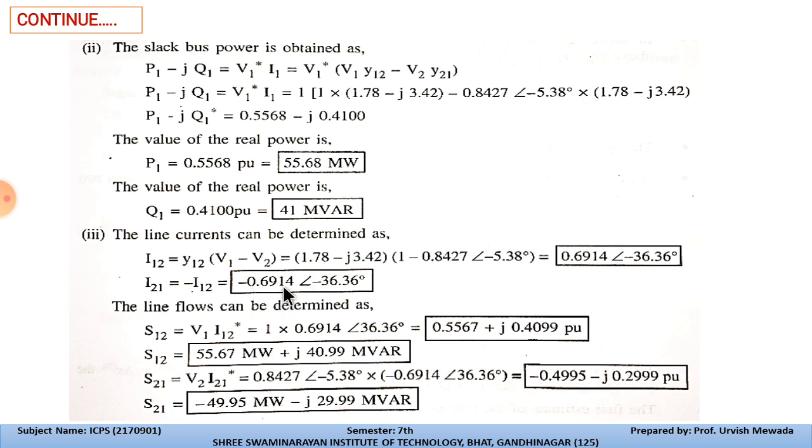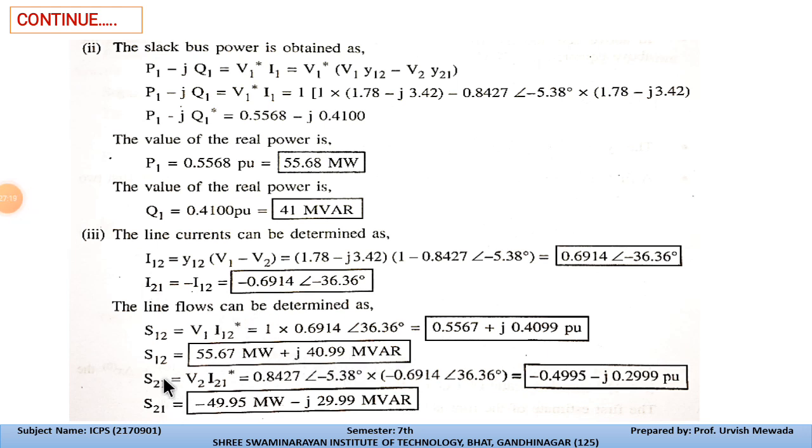From that, the line flows can be determined as S12 and S21. S12 is V1 times I12 conjugate. By putting in the values, we can find the apparent power of the link 1 to 2, and this is the answer: 50.67 megawatt plus j40.99 MVAR.